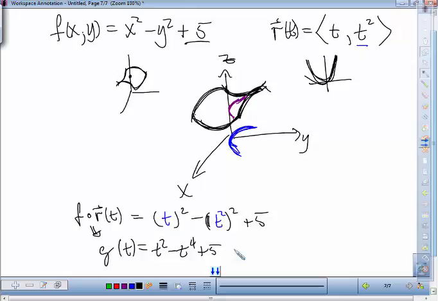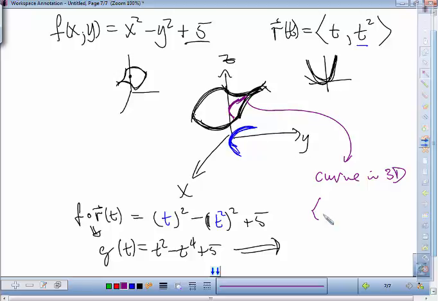What that means is that this curve can be expressed as the same x and y value, but if I kept it at 0, then it would just be on the xy plane.